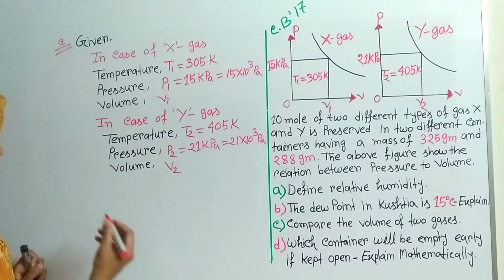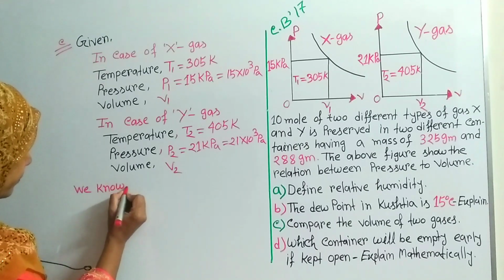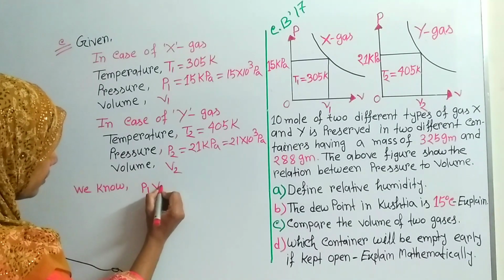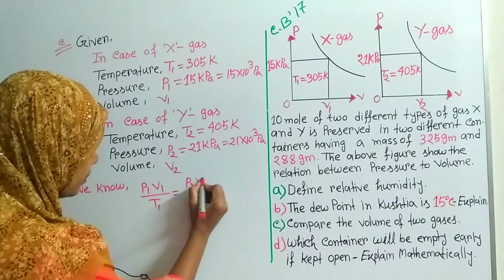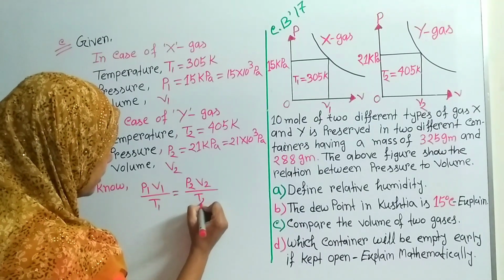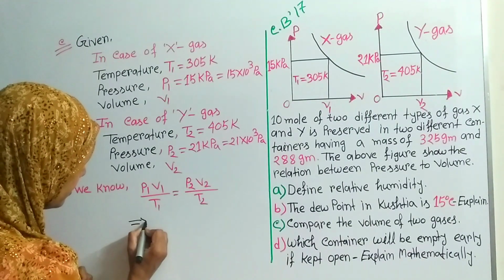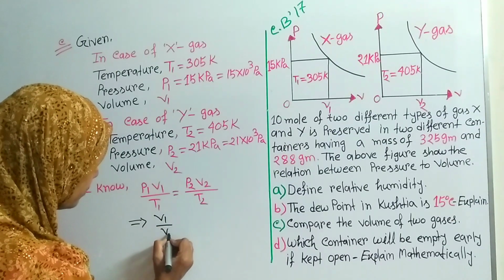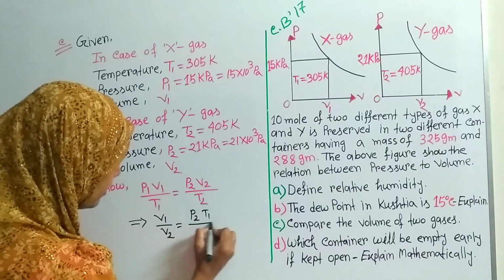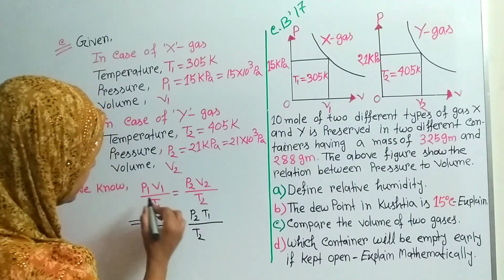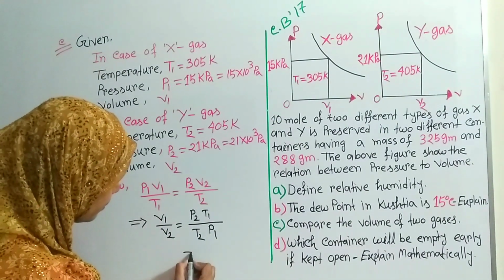So we know that P1 V1 by T1 is equal to P2 V2 by T2. Now we can write that V1 by V2 is equal to P2 into T1 by T2 into P1. Now I am going to put the information which is given here.